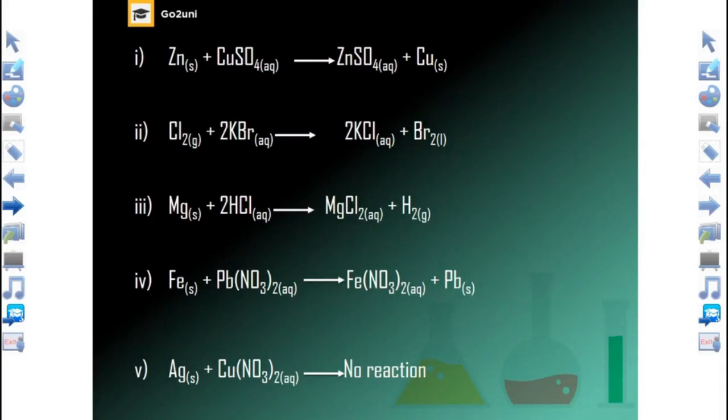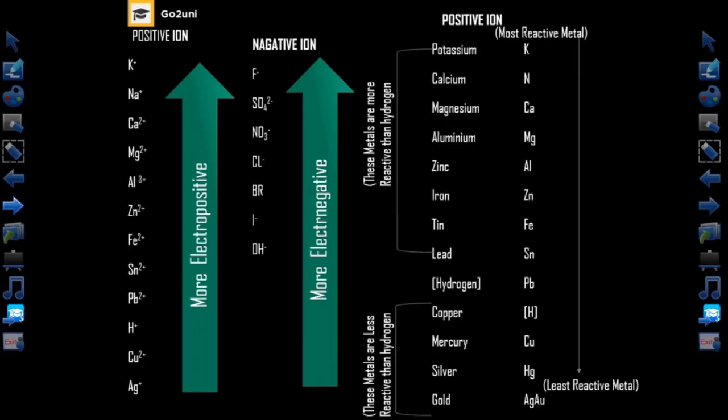In the second equation, chlorine reacts with potassium bromide to give potassium chloride plus bromine. That is to say, chlorine has displaced bromine. And if we take a look at the electrochemical series once again, we'll see that chlorine is more electronegative than bromine. And we can see their position.